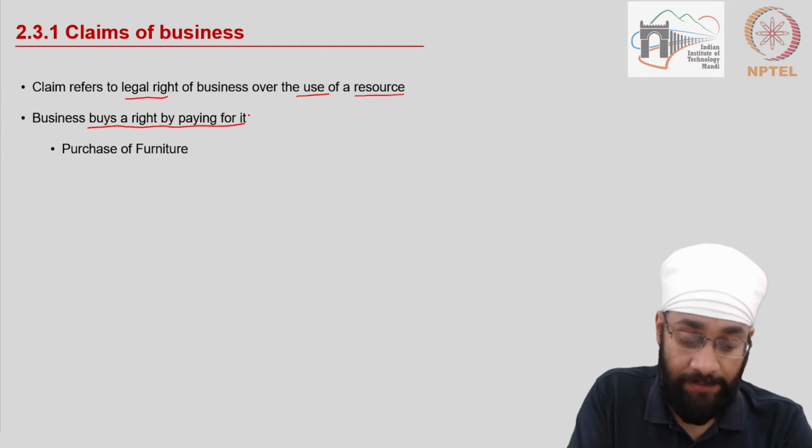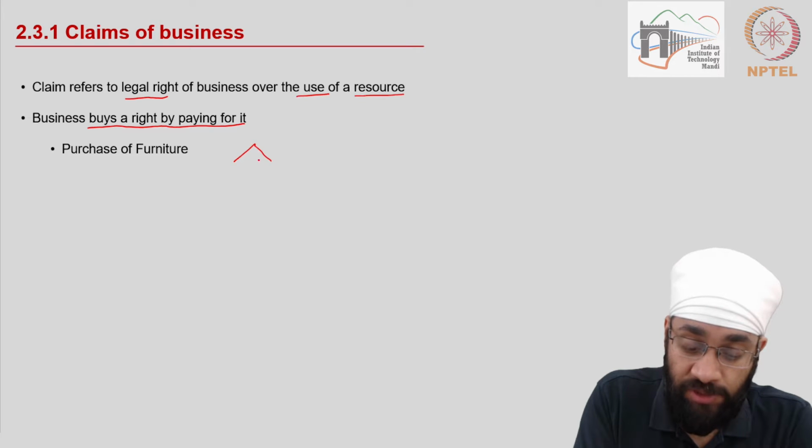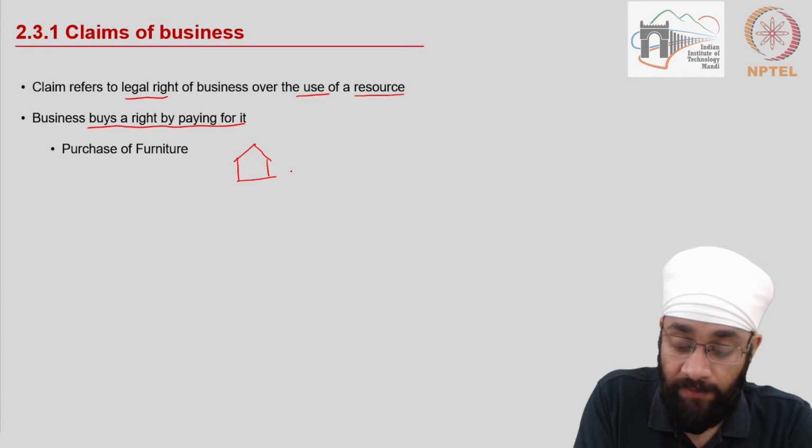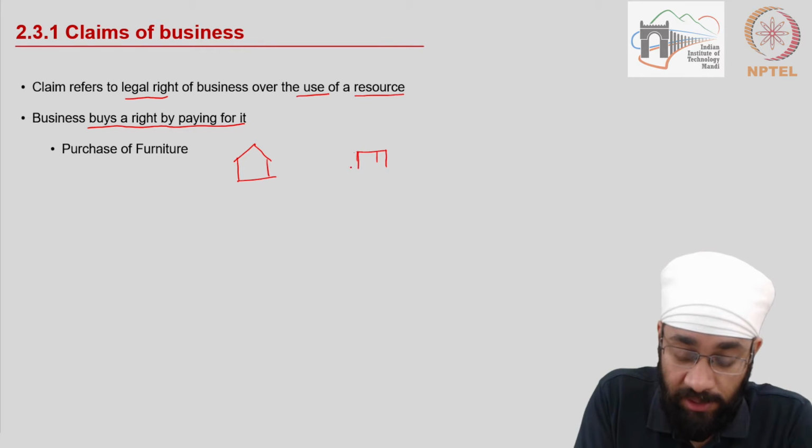Now the first example, purchase of furniture. When business purchases furniture, let's say you're purchasing a table, for example, or we draw a table. You purchase a table and you pay for it.